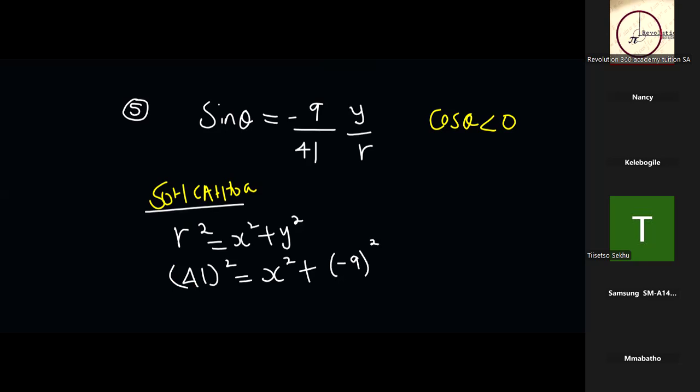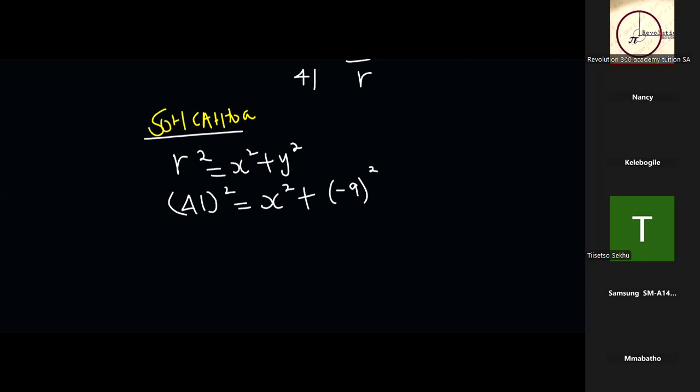Then you just say 41 squared. What is 41 squared? 1681. 1681 is equal to x squared plus 9 squared, I think we're gonna get 81, if I'm not mistaken. 81.